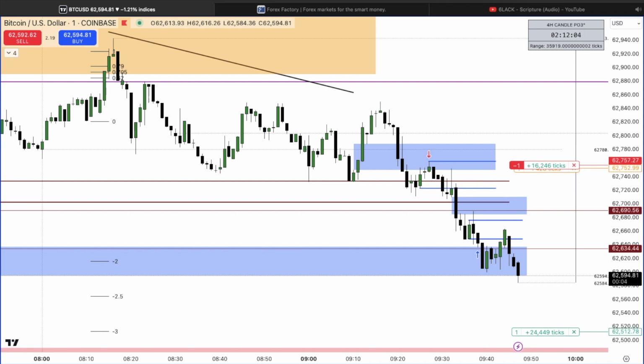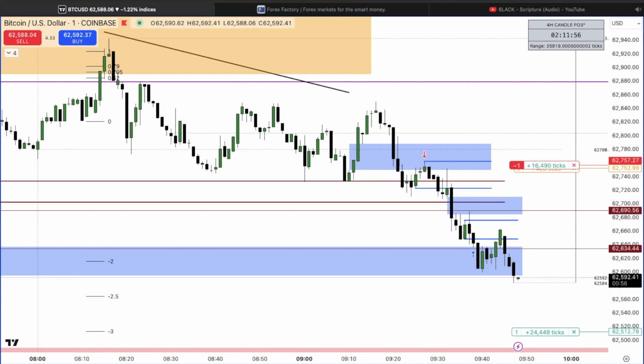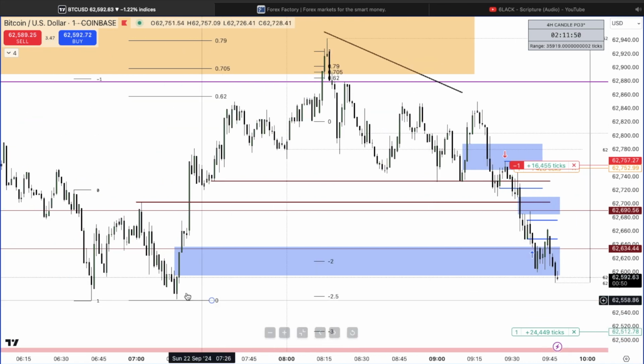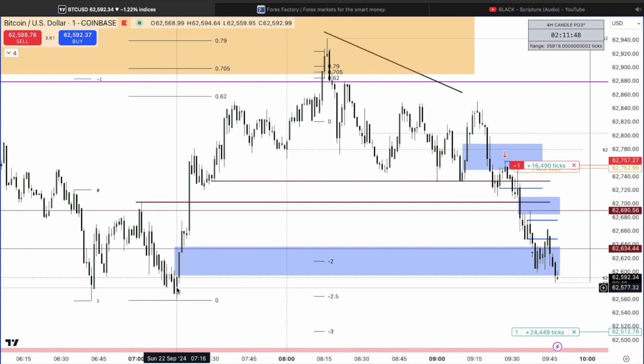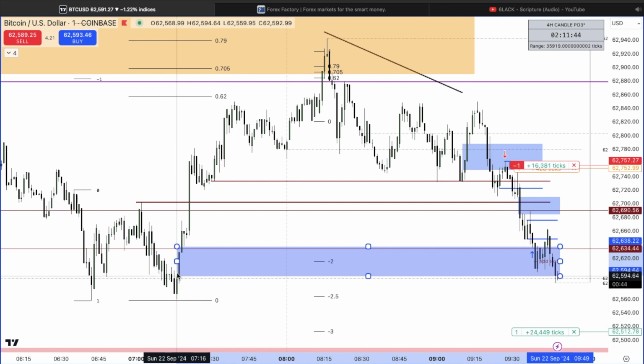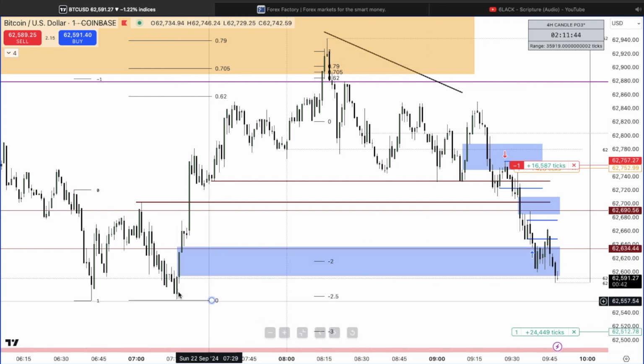All right, can we get closure below? We've now taken that, so that 940 swing low has been taken, and we closed right underneath maybe 584.36. We did close below. Did we?